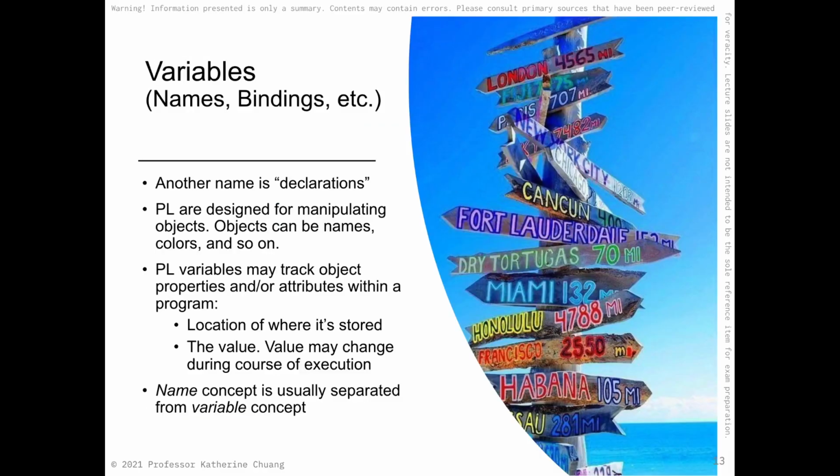So the first one, variables, names, bindings, etc., is what it refers to. The word variable, that key term, you have heard of before. You have to declare a variable in Java before you can use it. These are all declarations.